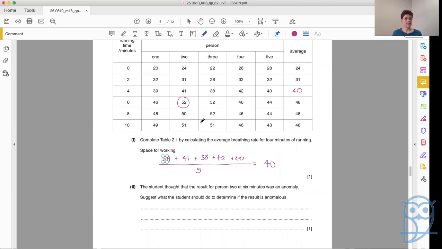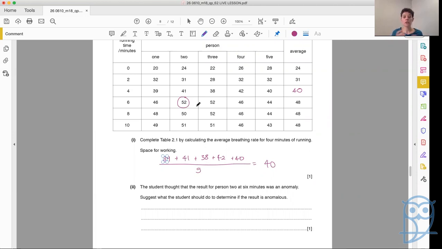So it's not quite in sequence. We would expect this to be nice and in sequence like person 1, 20, 32, 39, 46, 48, 49. So while the 52 matches person 3 at 6 minutes, it doesn't fall in sequence with person 2. So something funny is going on.